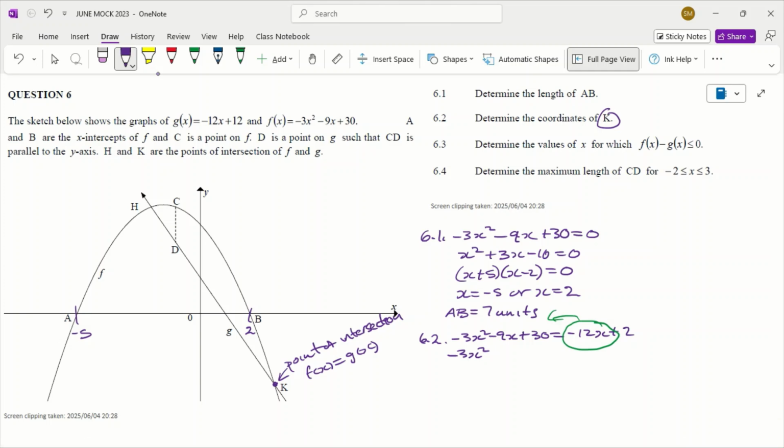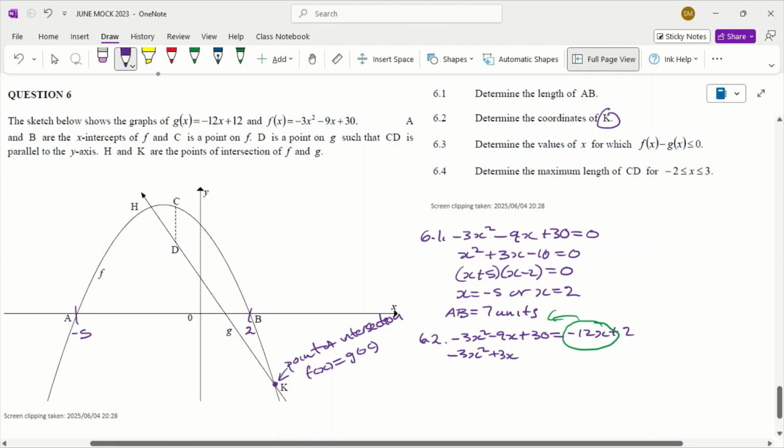If I take out the common factor here, the common factor is negative 3, so that will be x squared minus x minus 6 is equal to 0.